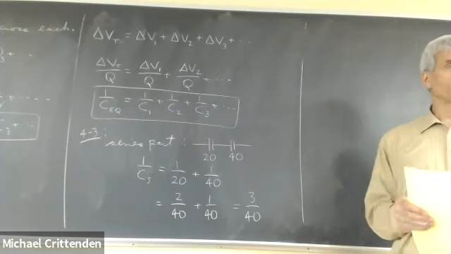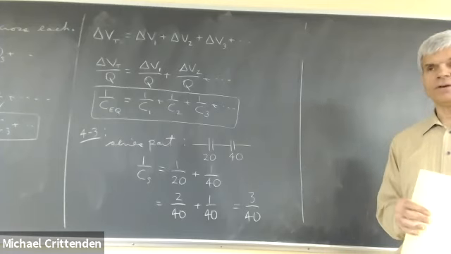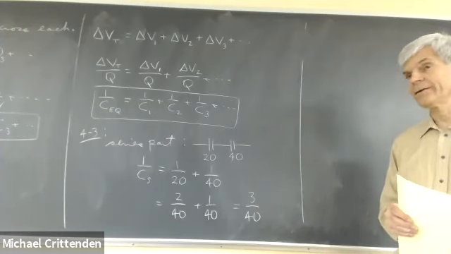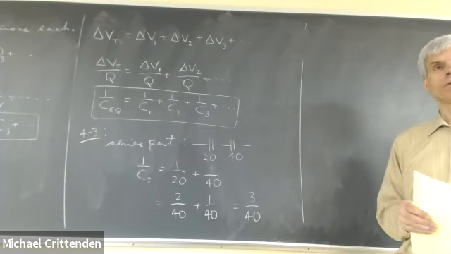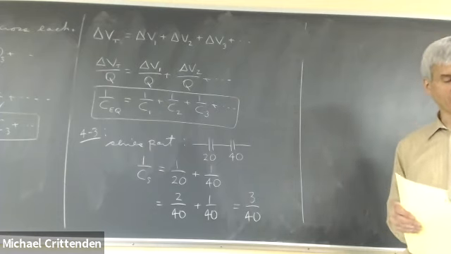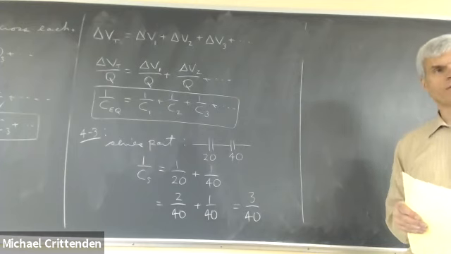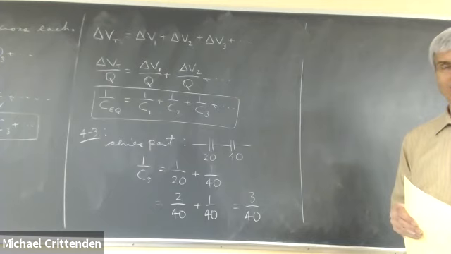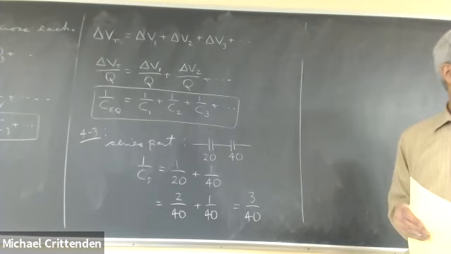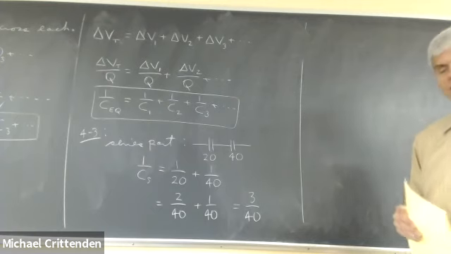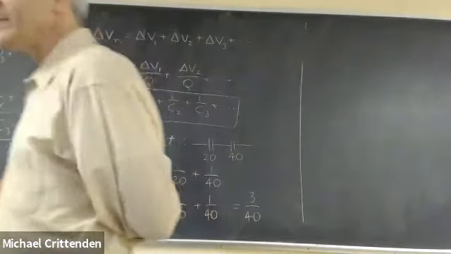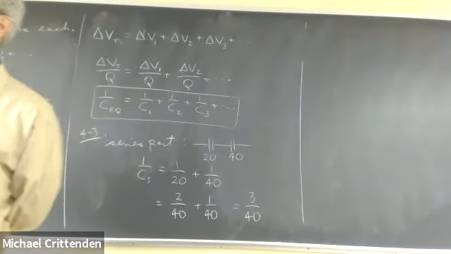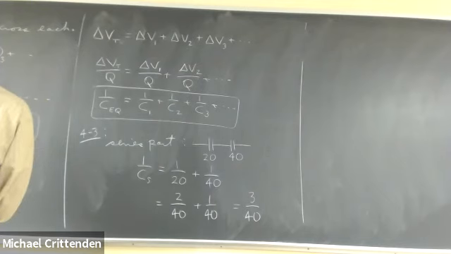Textbook problems are frequently rigged up so that there's a very convenient choice for a common denominator. In the real world, maybe you've got a capacitor that's 47 microfarads and another one that's 110 microfarads, and yeah, not quite such an obvious convenient choice for a common denominator. Something like that, you might want to punch through in decimal form using a calculator. But if you take that approach, let me just caution you against round-off errors.